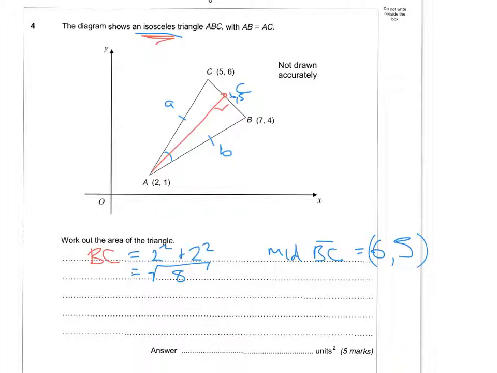So it is 4, 4. So our height equals 4 squared plus 4 squared, square rooted, which is the square root of 32.